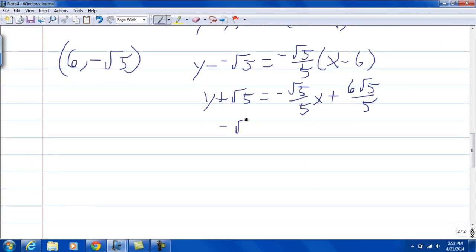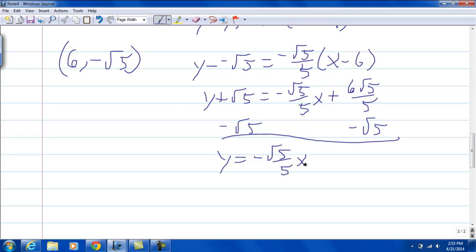We can subtract square root of 5 from both sides. Y equals negative square root of 5 over 5 x plus 6 root 5 over 5 minus the square root of 5.